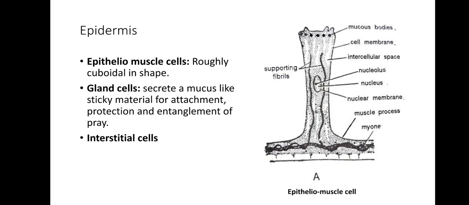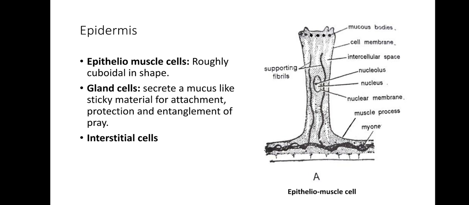These are called interstitial. Interstitial means in between. Now they are small, generally undifferentiated ones, and they can give rise to any other type. So they can differentiate later on and give rise to any other type of cell that the body requires. So that means they are totipotent in nature.